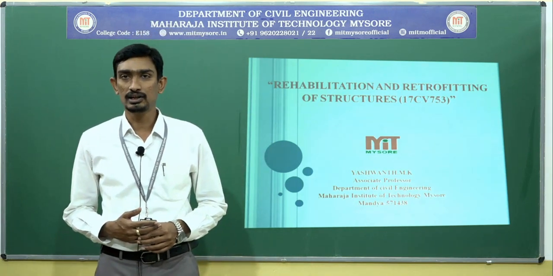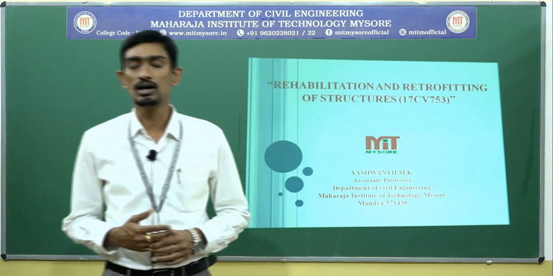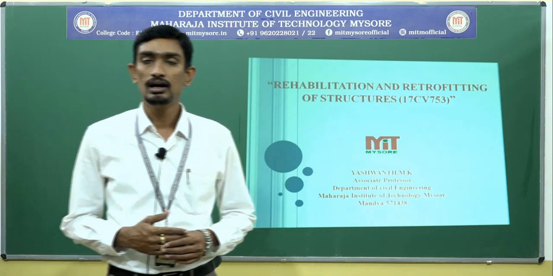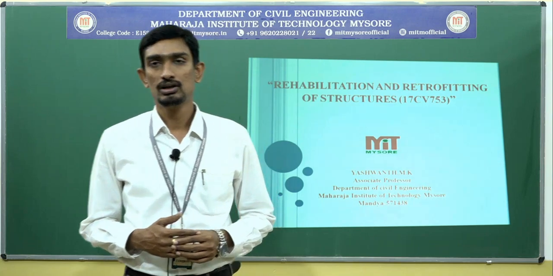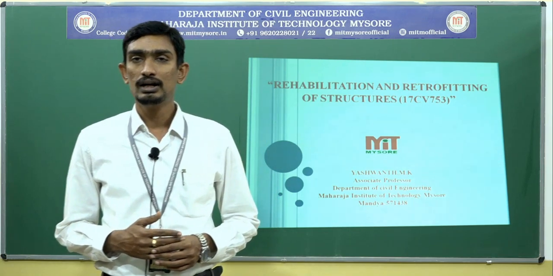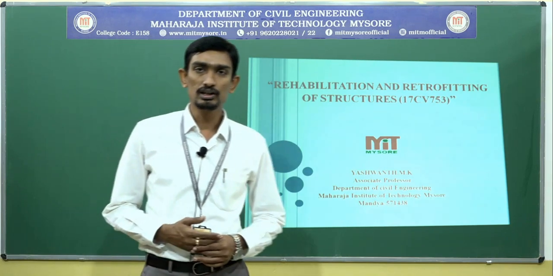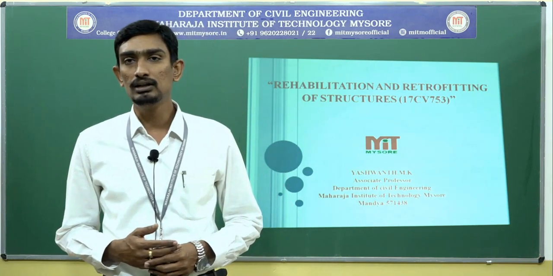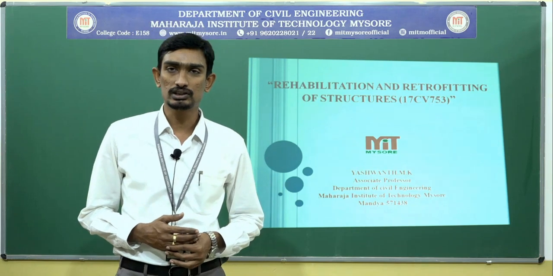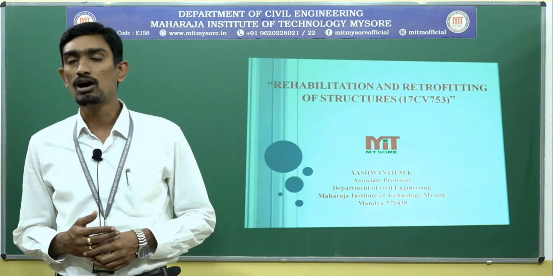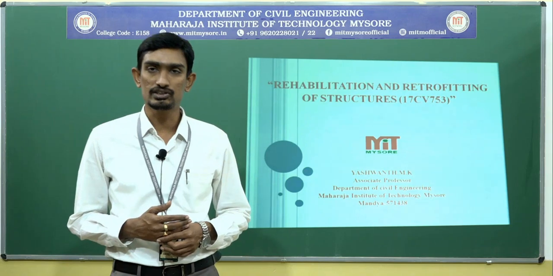In the last session, we learned the various causes for deterioration of concrete structure. That is, in module number 1, we learned the various causes or phenomena that are causing the damages in the concrete structure.